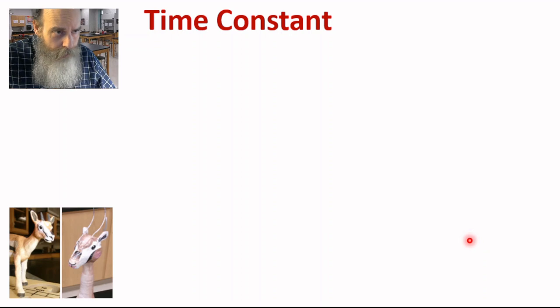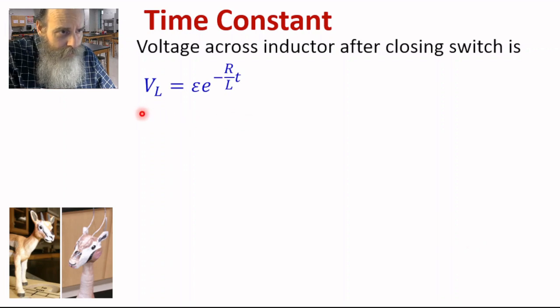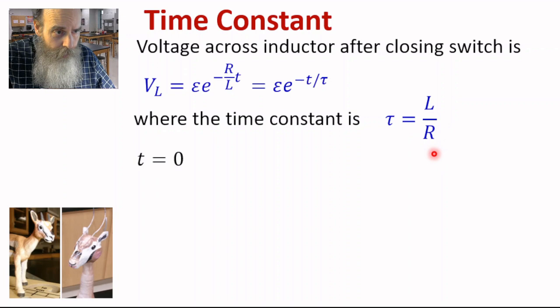Time constant. The voltage across the inductor after closing the switch is this. We can write this as E times e to the negative t over tau, where tau is called the time constant, and it equals L over R. Let's see what happens when we change the time by the time constant.